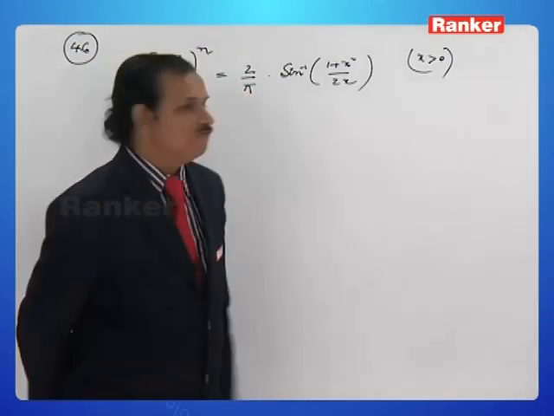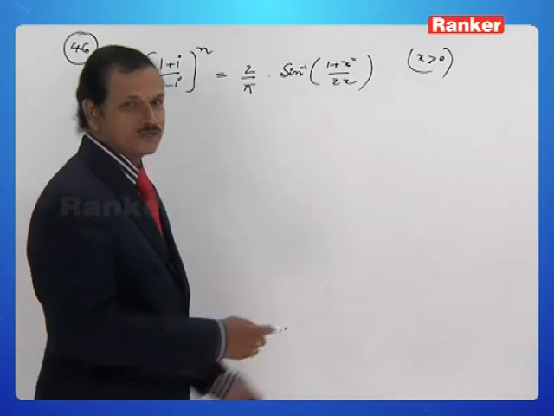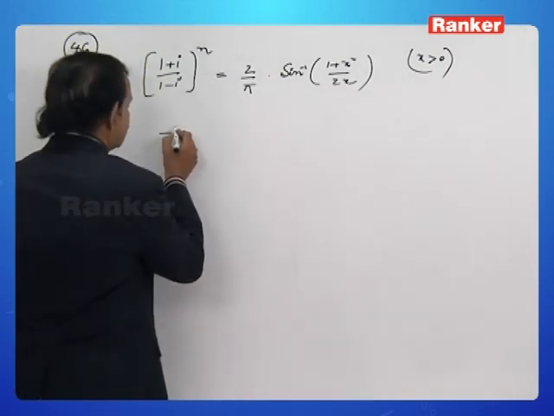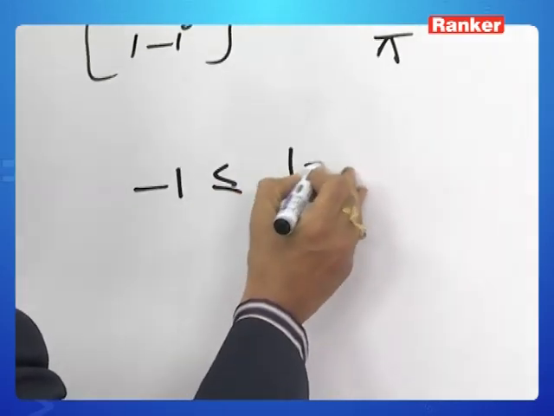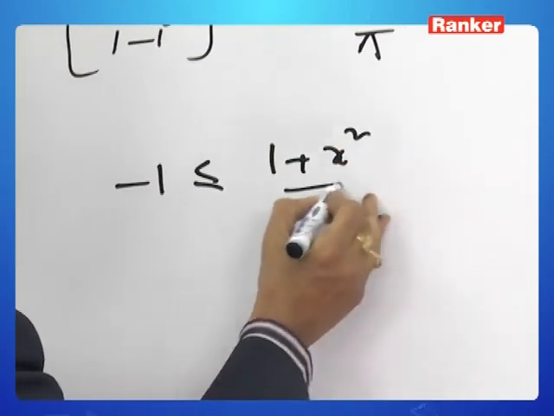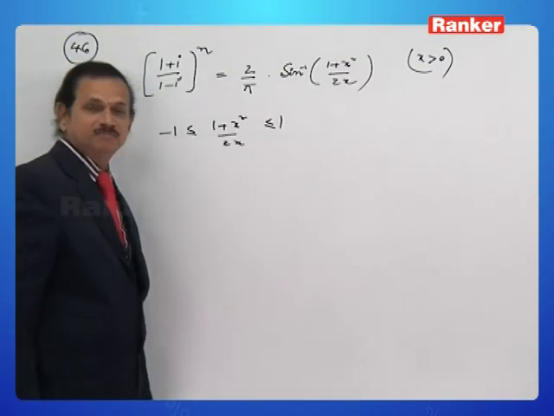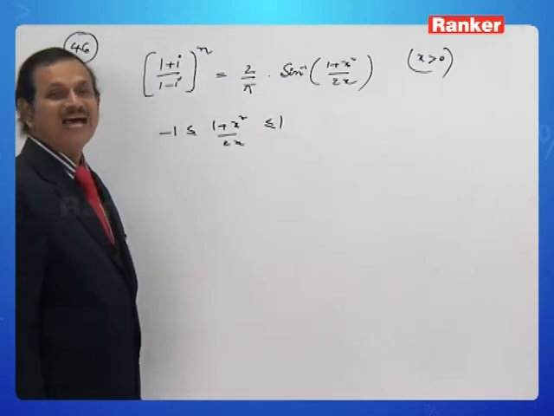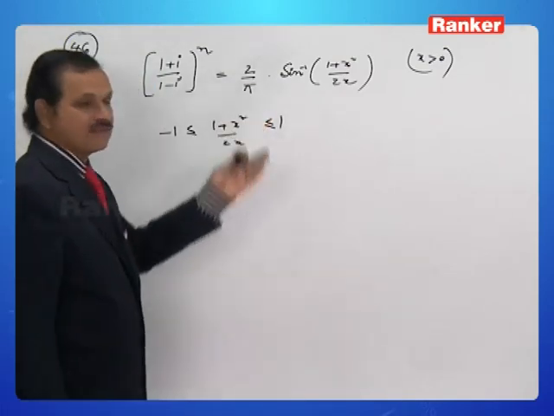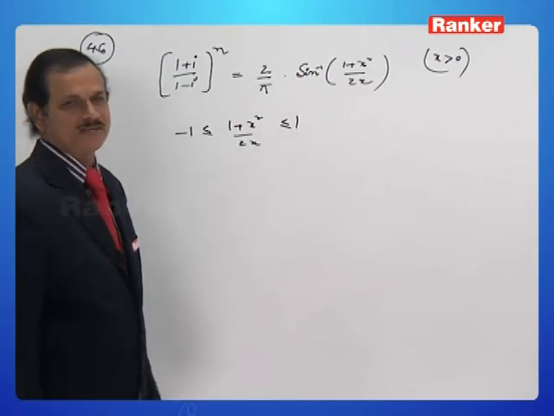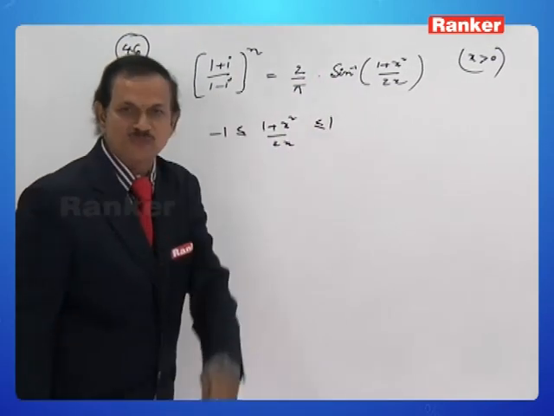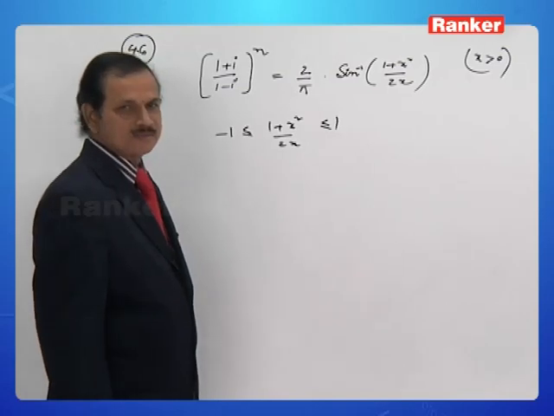Therefore, for this to be defined, what should happen? -1 less than or equal to (1 plus x square by 2x) less than or equal to 1. Right? Unless otherwise, sine inverse of something cannot be defined at all because it is nothing but the domain of the sine inverse function. Isn't it?